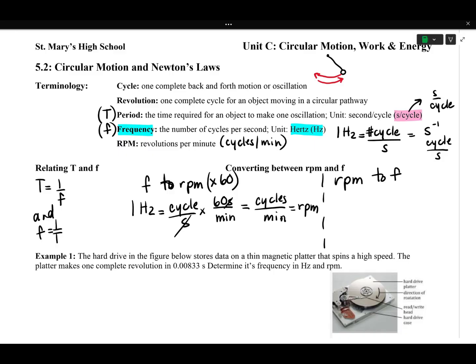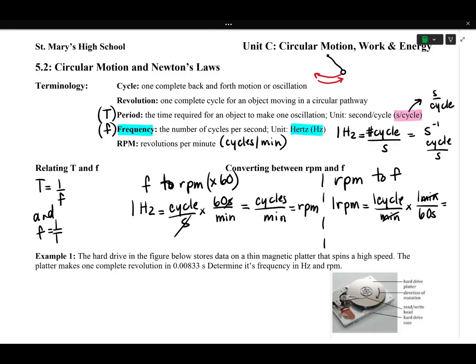If we want to go in the opposite direction, from RPMs to frequency, we look at the opposite here. 1 RPM is equal to 1 cycle per minute. Now if I multiply to get cycles per second, because that's what a frequency is, I have 1 minute for every 60 seconds.